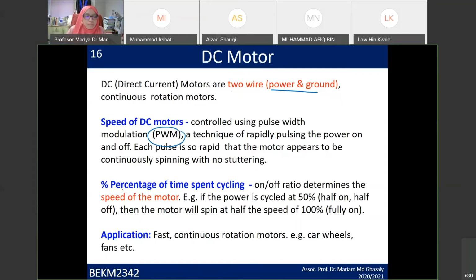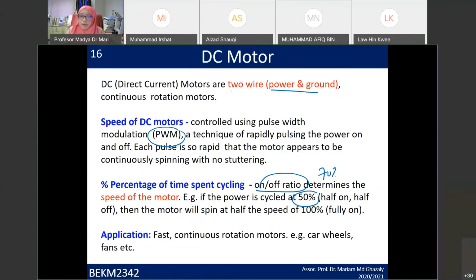The percentage of time spent cycling, the on-off ratio, will determine the speed. If you put it at 50%, the speed will be half of the maximum speed of the motor. If you put the PWM ratio at 70%, you're going to have a higher speed.